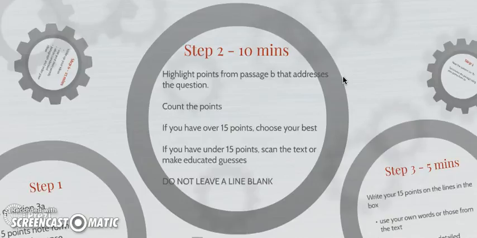If you have under 15 points, scan the text again, see if you can find any more. Also, check what you have highlighted and make sure there aren't actually 2 points. You haven't highlighted a whole line and there aren't in fact 2 ideas within there that are actually separate and should be on separate lines.